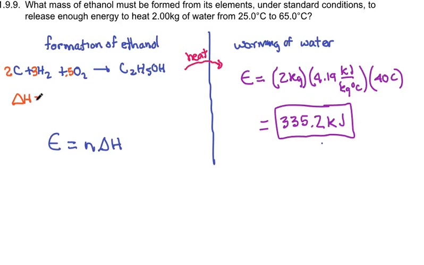I really don't want you to get in the habit of not balancing reactions, because that'll burn you regularly. So our delta H is C2H5OH, which is ethanol, which is minus 277.6. Minus a bunch of zeros. So our delta H is minus 277.6.